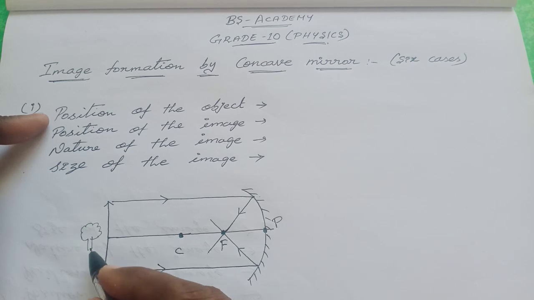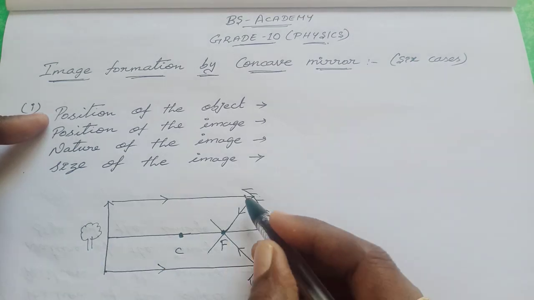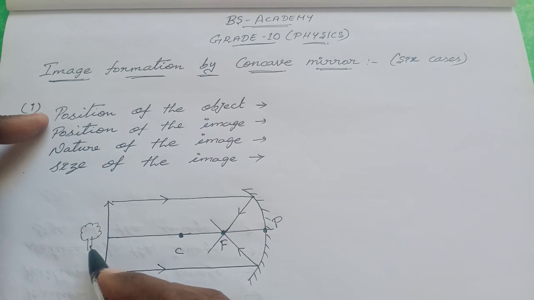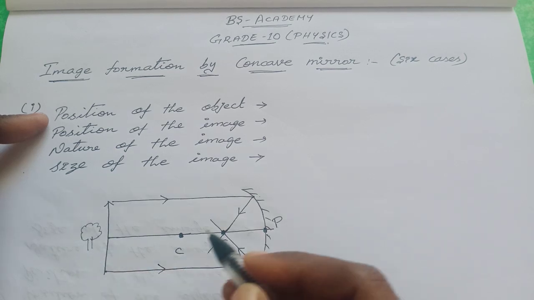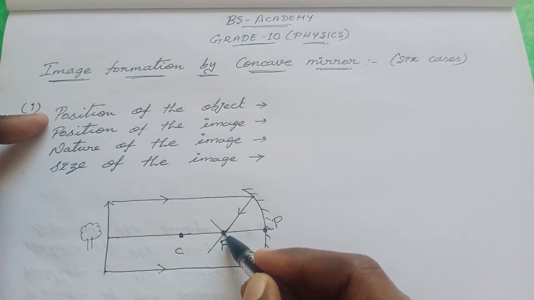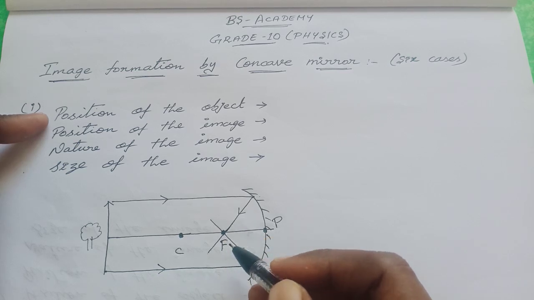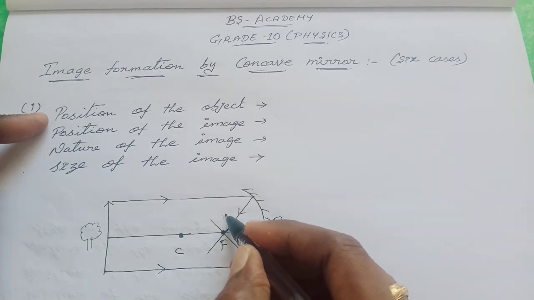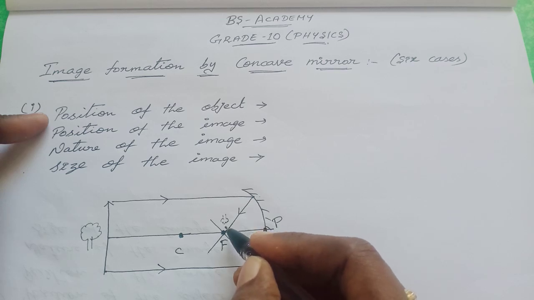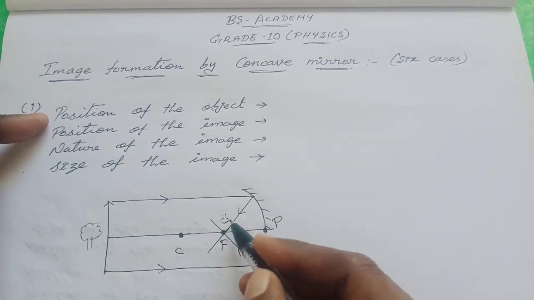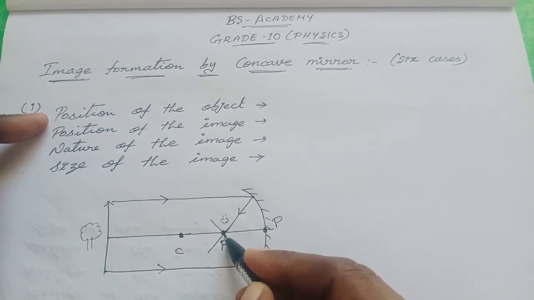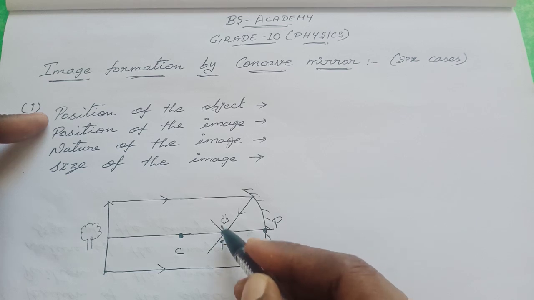If the tree is at infinite distance from this mirror, this object will be obtained as an image at this particular point F on the white screen. We will get the inverted image of this object, the tree, at this point F when the screen is placed at this point.